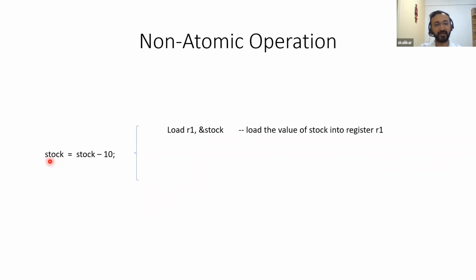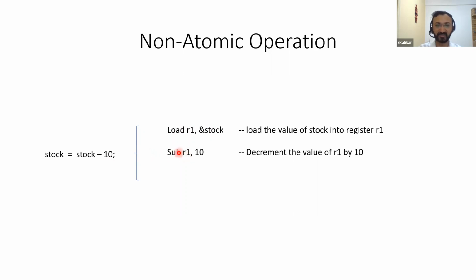If you convert this instruction into assembly instructions, first you are loading the value of stock into the register R1. Register means all ALU operations only get performed on the CPU registers, so everything you want to operate on must be in a register. Then you are performing a subtract operation, that is, subtracting say 10 from the value of R1.